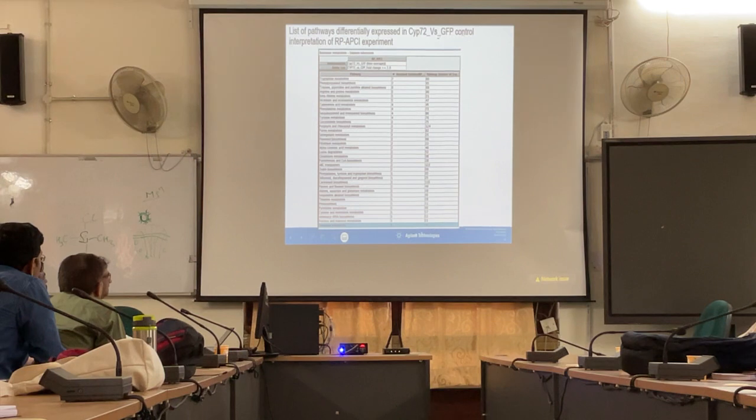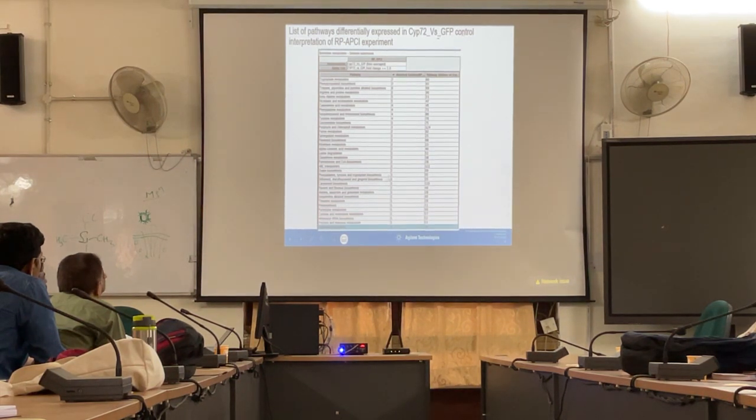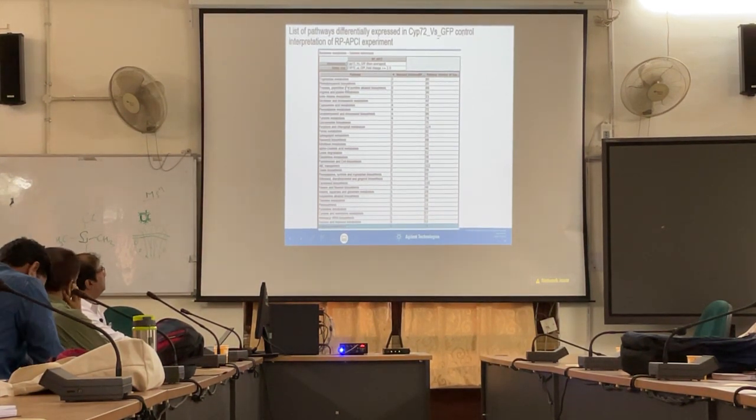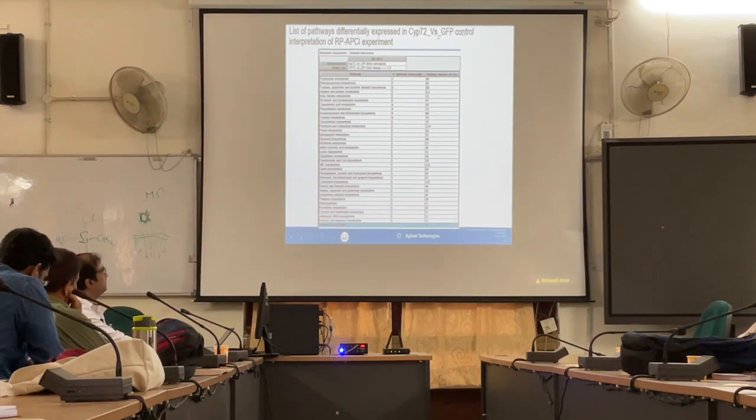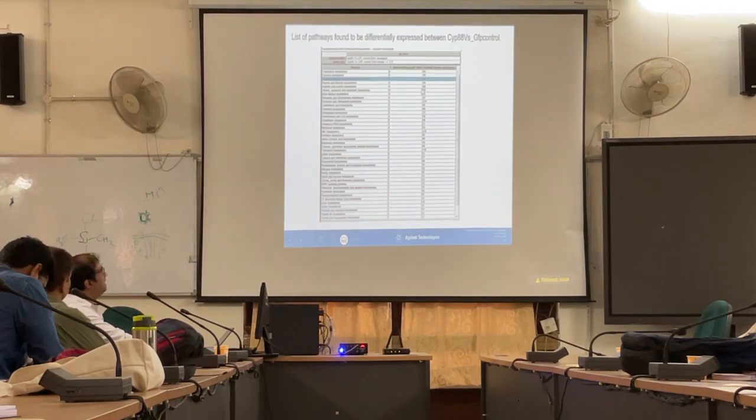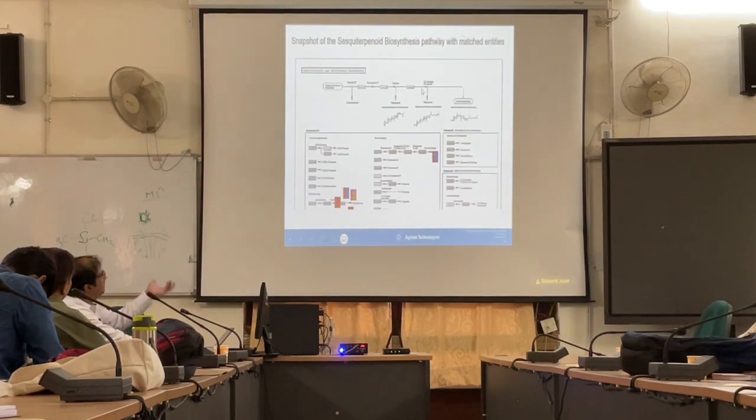Pathways which are established with one match is not a very good hit, so I would not consider them. But things which are matching with more than 5 pathways here, the tropane, piperidine, pyridine alkaloid biosynthesis pathway. So these are mainly alkaloids which have come in this. Similarly for other compounds and where they are matching in the pathway you can see here. So this becomes very interesting.